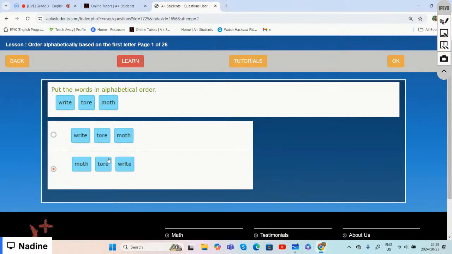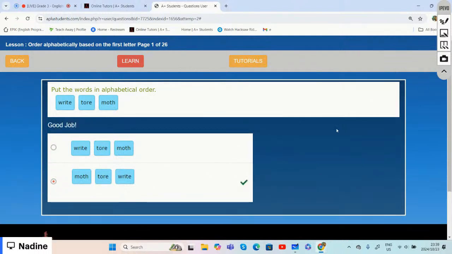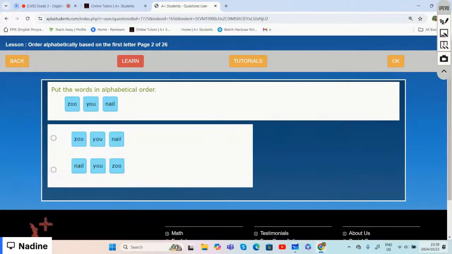Yes, and then we'll go first with moth, option two, tore, and then white. So well done. Option two is correct.